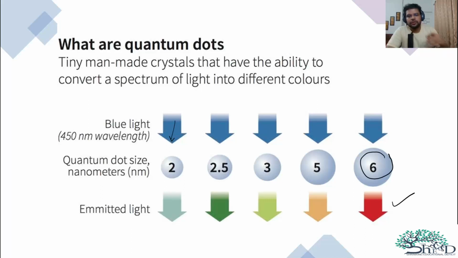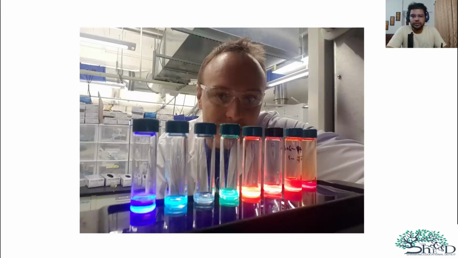So there are various applications, like I told you, in solar panels, then TV screens and so on. This is how they look according to the size, and they will emit a certain color when blue light hits them. This is how they look in the laboratory.